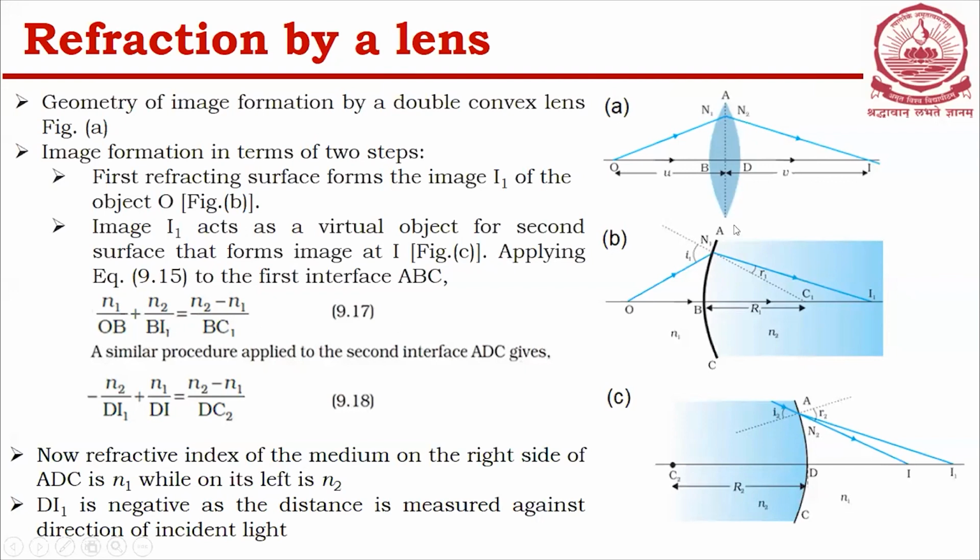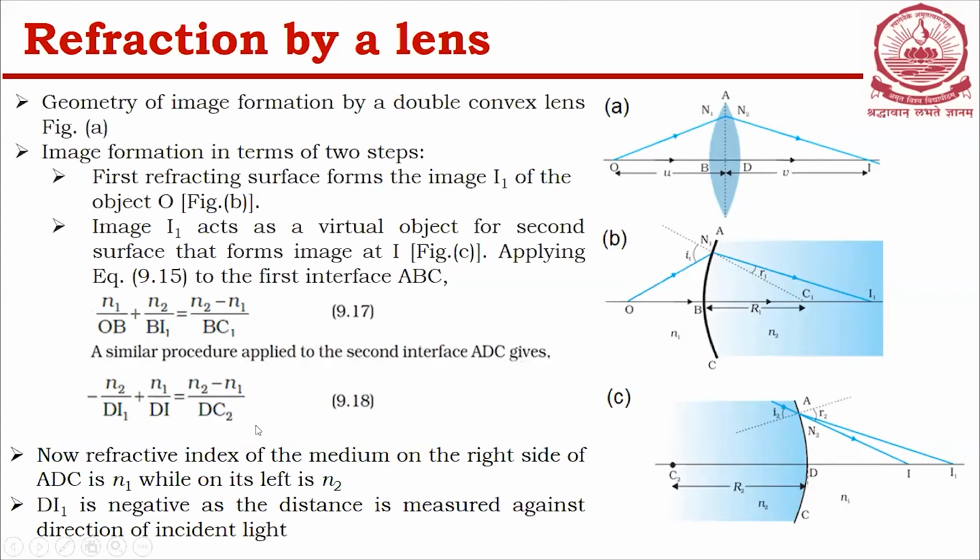Then similarly, I consider the second surface and apply the same refraction at the second spherical surface, and write another equation: minus N2 by DI1, after applying the sign convention, plus N1 by DI equal to N2 minus N1 by DC2.